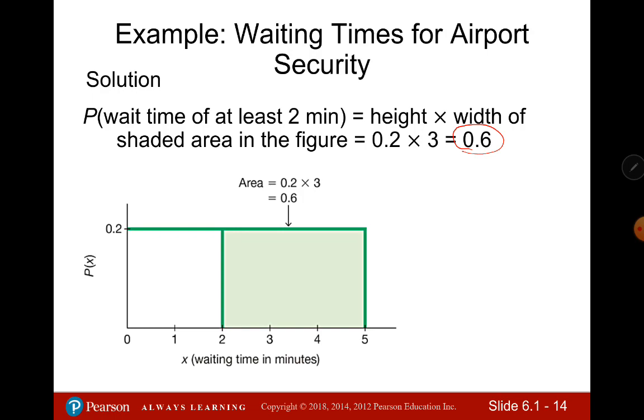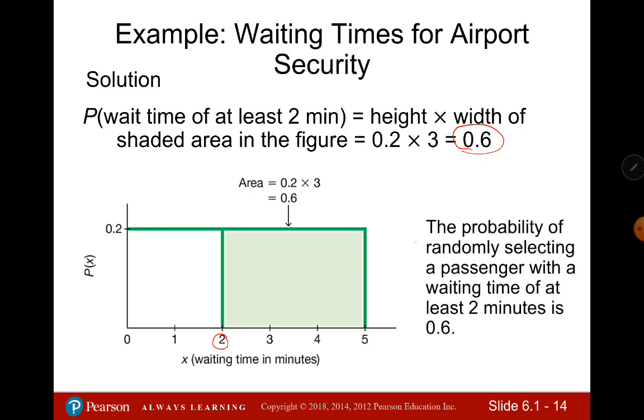The corresponding area is just the same thing as the probability. So for this case, we find the single value 2 minutes here, and we determine it is at least, so we go to the right side. So we focus on this right side.